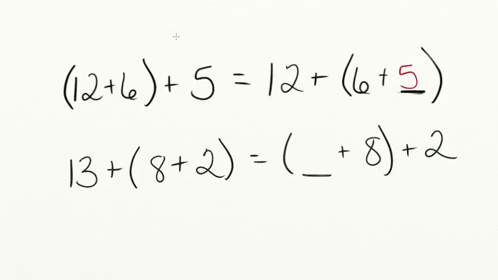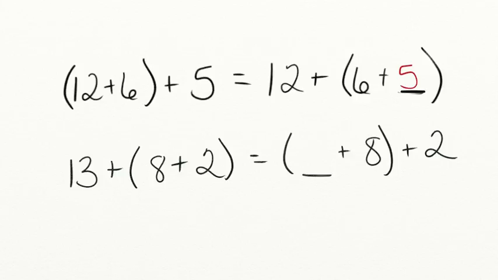Again, we have the same numbers, but we're grouping them differently. Now, I want you to note that you can also change the order of the numbers as long as you're keeping the same numbers on the same side of the equation. So we have 12 plus 6 in one group plus 5 on the left-hand side, and that's equal to 12 plus 6 plus 5, now grouped on the right.